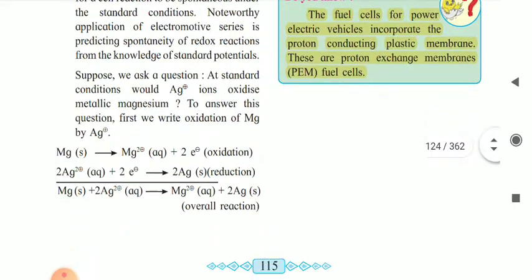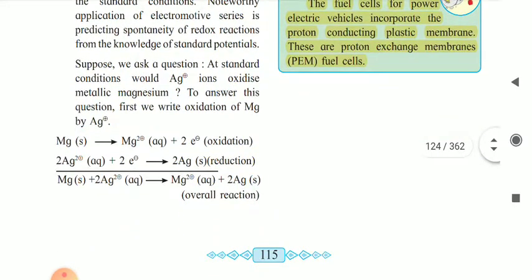The pattern of that question is mentioned in your textbook. At standard conditions, would Ag+ ions oxidize metallic magnesium? That question is asked to you. To answer this question, first we write the oxidation of magnesium by Ag+.